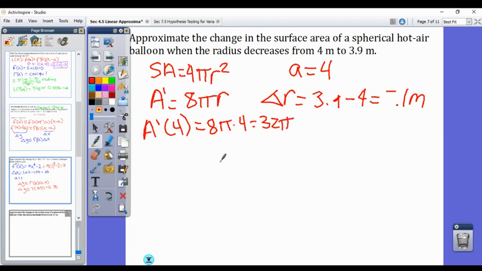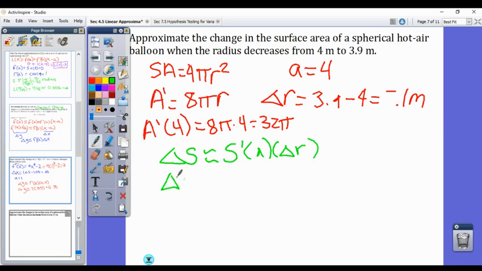And now I have everything I need to plug in. So I'm going to write this in terms of S for surface area and R for radius. My change in S is approximately equal to the derivative of my surface area with my a value plugged in times my change in my radius.